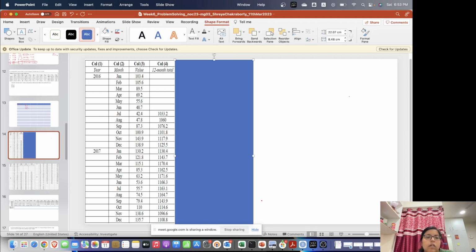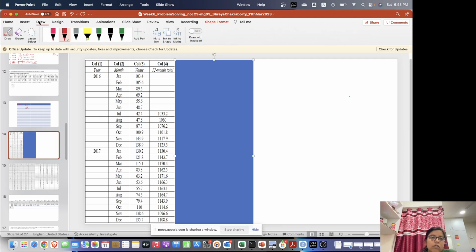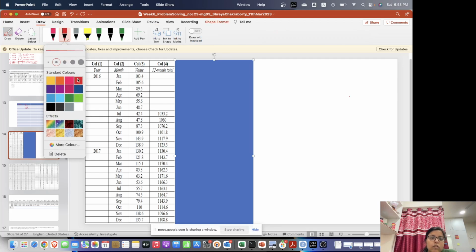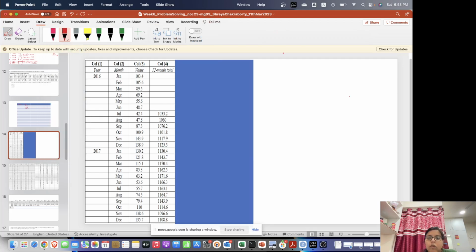Okay, so what is happening is that we have the values for these many months. So the first step is to calculate a 12-month total. So we'll take the sum of all of these together and align it to the midpoints.